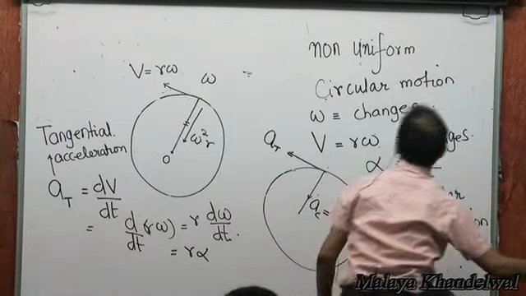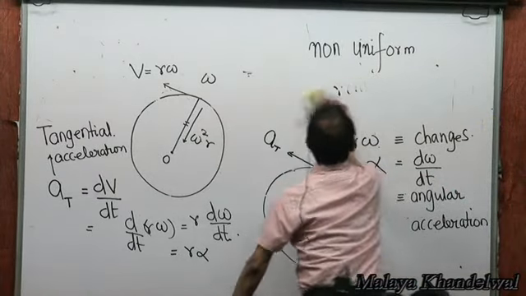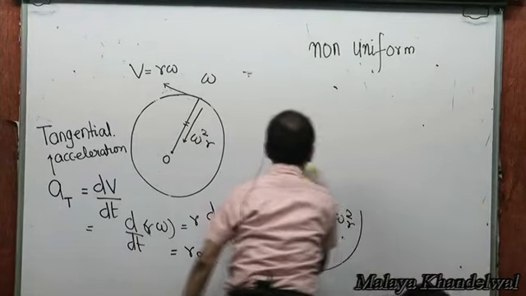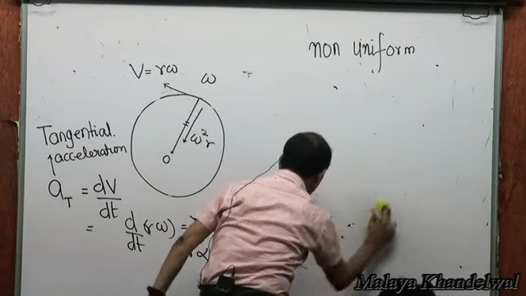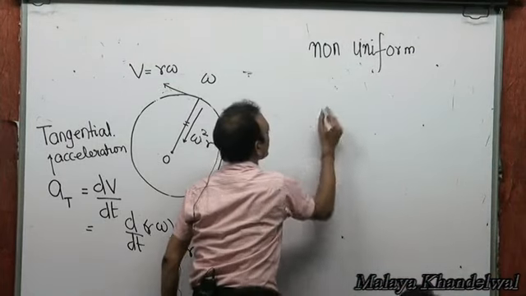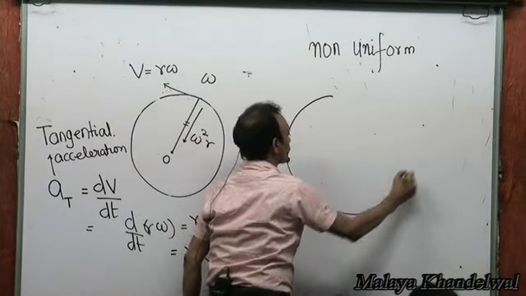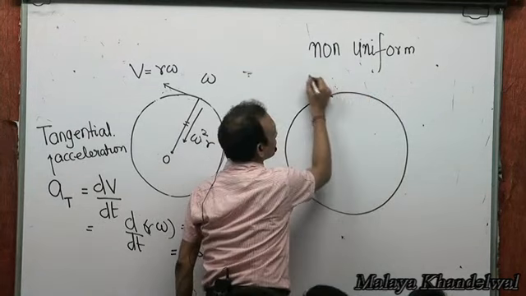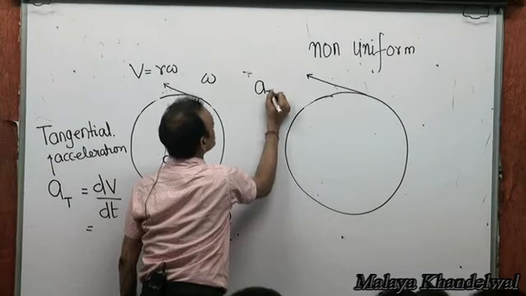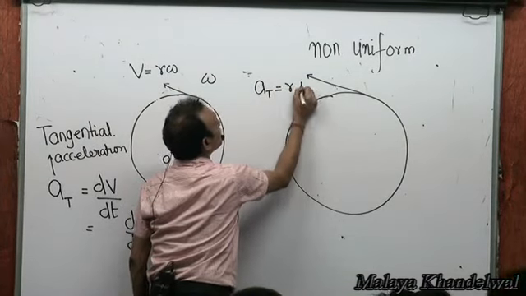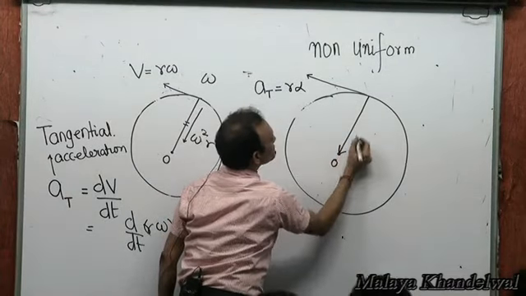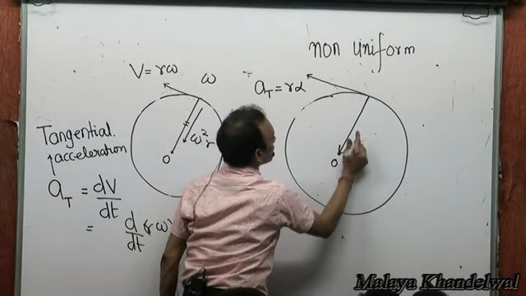So in non-uniform circular motion, at any given instant of time, there is going to be a tangential acceleration, at, which is r alpha, and there is going to be a centripetal acceleration, which is omega squared r.